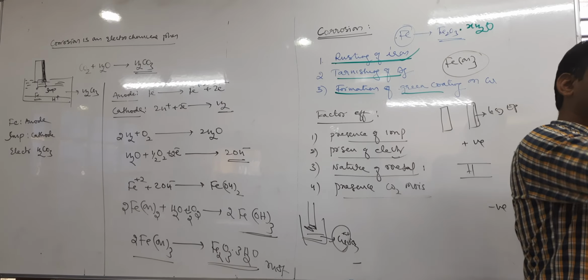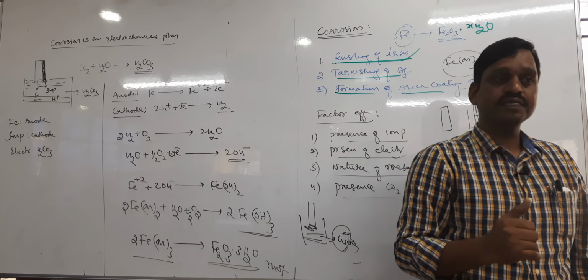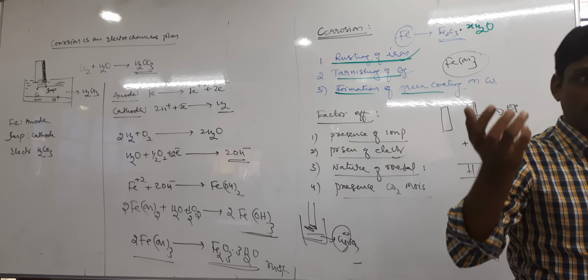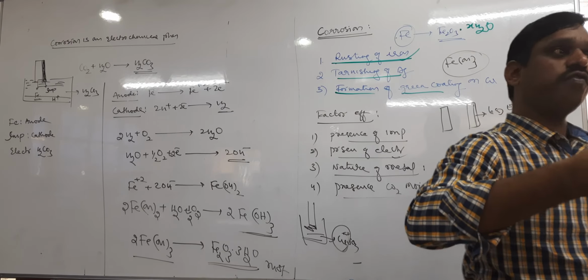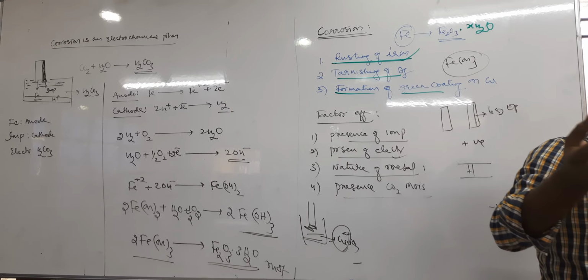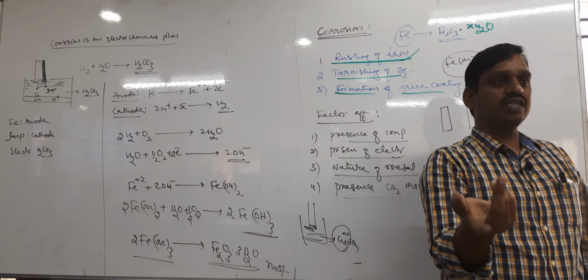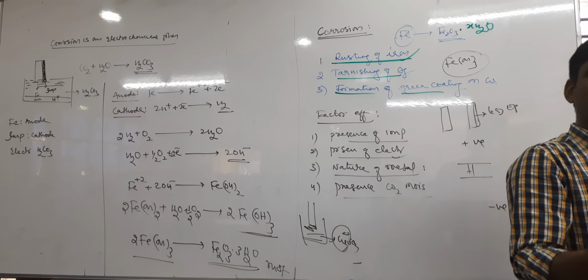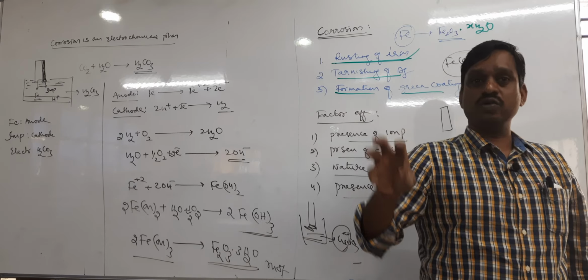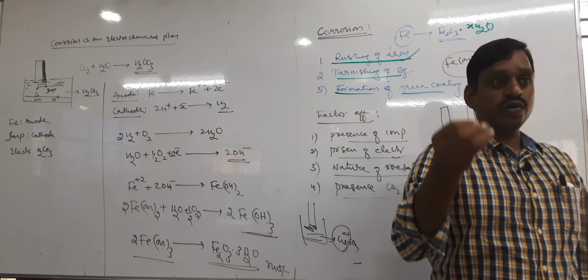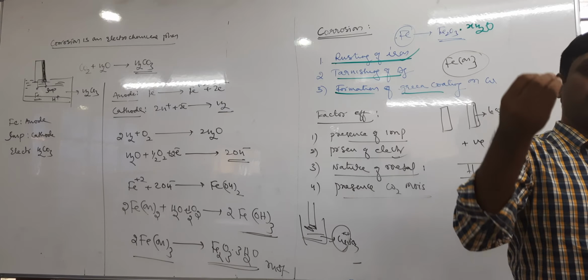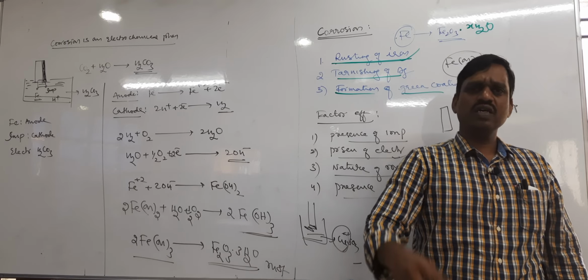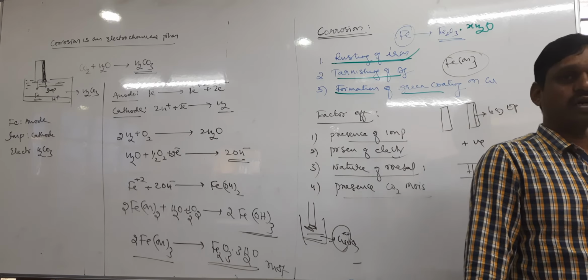Tinning is the process in which the surface of the metal is coated with tin. And alloying. It is a process of preparation of a mixture of 2 or 3 metals. So instead of having one pure metal, we have a mixture of metals. That is called alloy. Even the formation of alloy can prevent corrosion. So these are the general methods of preventing corrosion.